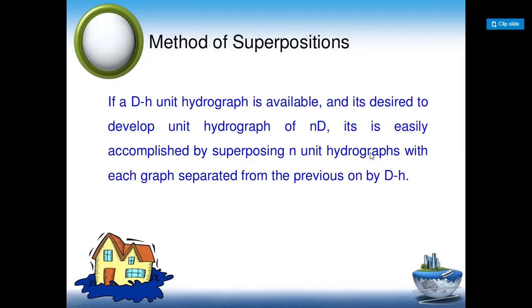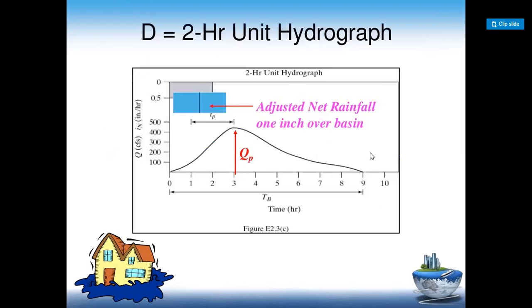Method of superposition. If a D-hour unit hydrograph is available and it's desired to develop a unit hydrograph of n times D hours, it is easily accomplished by superposing n unit hydrographs with each graph separated from the previous one by D hours.